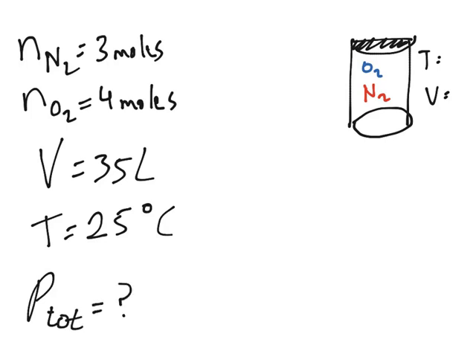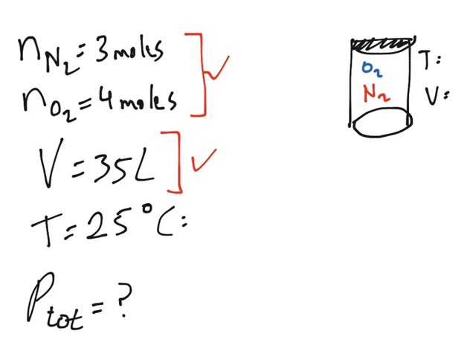Whenever you have a mixture of gases, you'll want to apply Dalton's law of partial pressures. Now, I said in the ideal gas law video that the first thing you want to do is change the units. So this is fine. The number of moles is fine. The liters is fine, but the degrees Celsius cannot be.